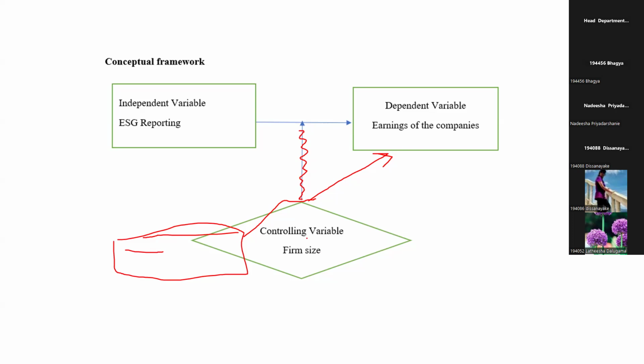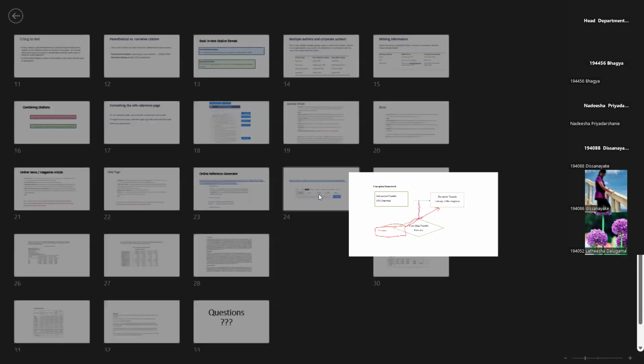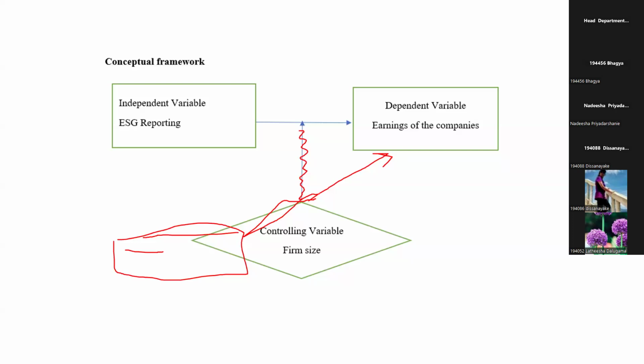This is the way we show moderating variables, not controlling variables. So if we want to present controlling variables in our conceptual framework, we have to link these control variables directly to the dependent variable.